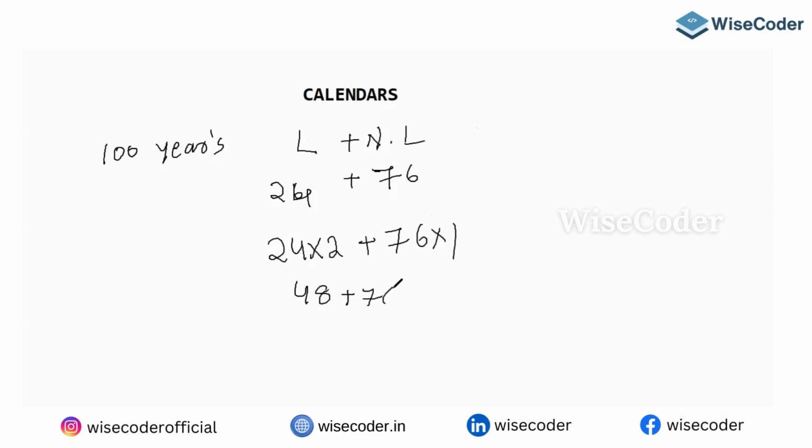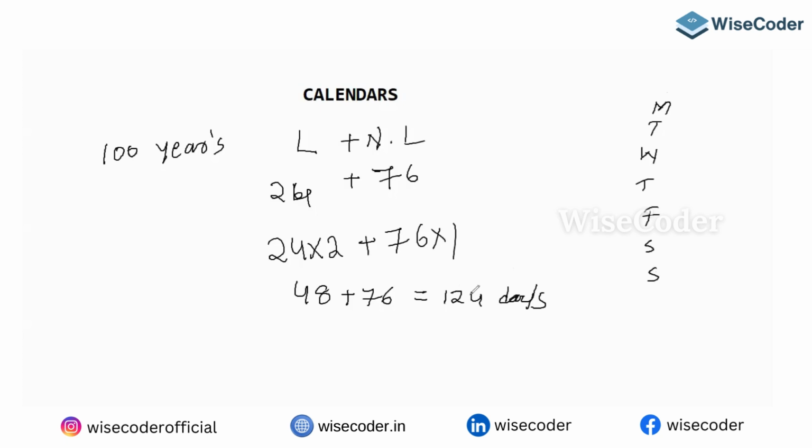Plus 76. If you add these two, you get 124 days. But in a week we have only 7 days: Monday, Tuesday, Wednesday, Thursday, Friday, Saturday and Sunday.